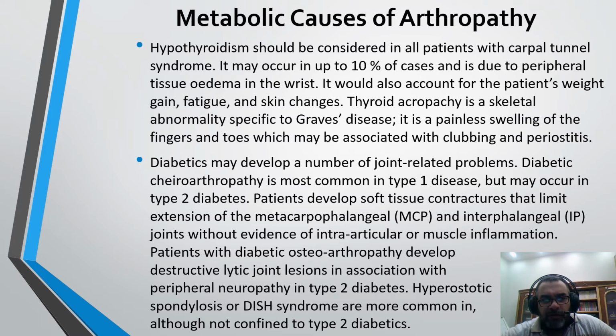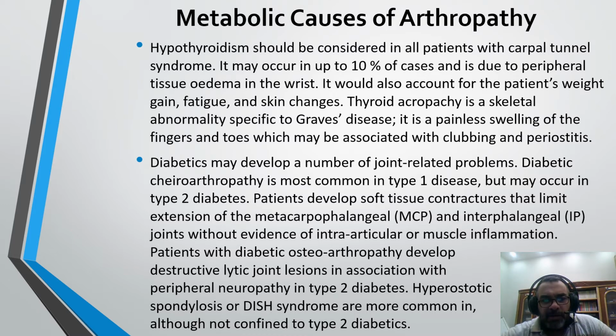Patients develop soft tissue contractures that limit extension of the MCPs and interphalangeal joints without evidence of intra-articular or muscle inflammation. Patients with diabetic osteoarthropathy develop destructive lytic joint lesions in association with peripheral neuropathy in type 2 diabetes.